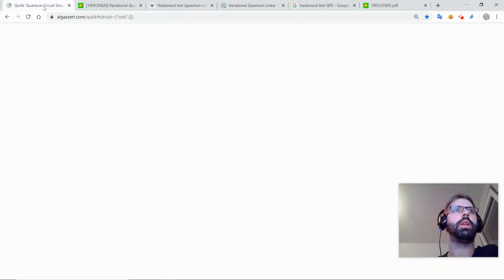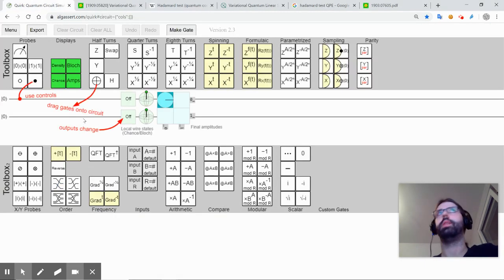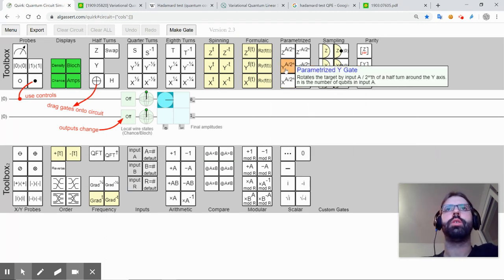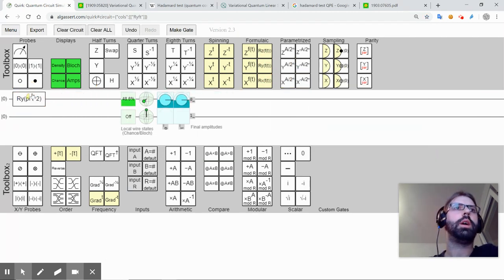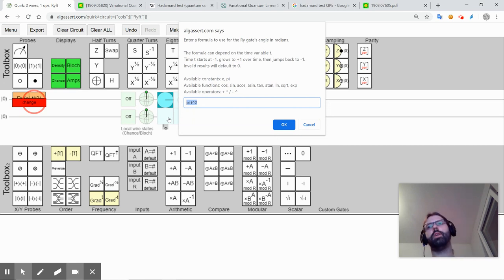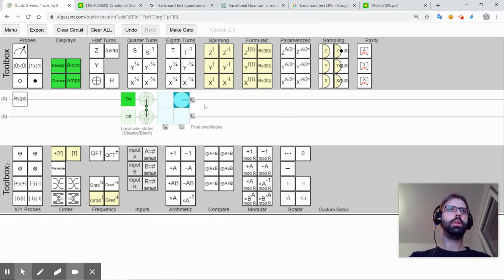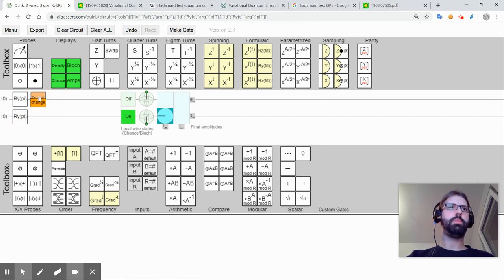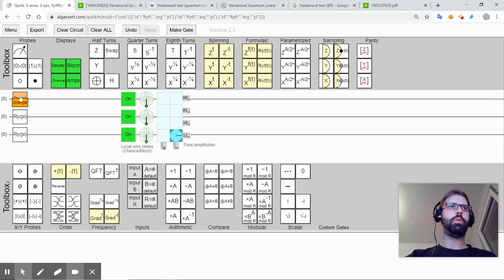Yeah, so I can now go in here, and we've got Y rotations, okay? Instead of making these parameterized as a function of time, I'll just parameterize this with pi. I think I should be able to do it like this.